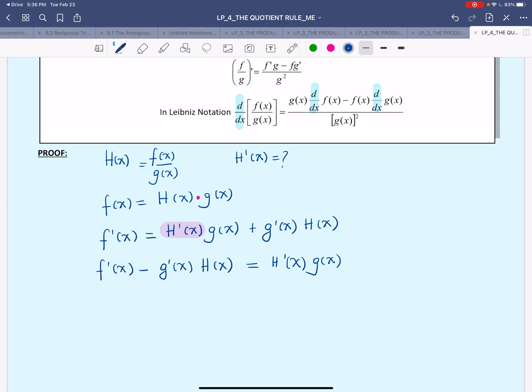Divide both sides by g of x, and we'll have h prime x, so I'm also reversing the sides, equal to f prime x minus g prime x times h of x, divided by g of x.